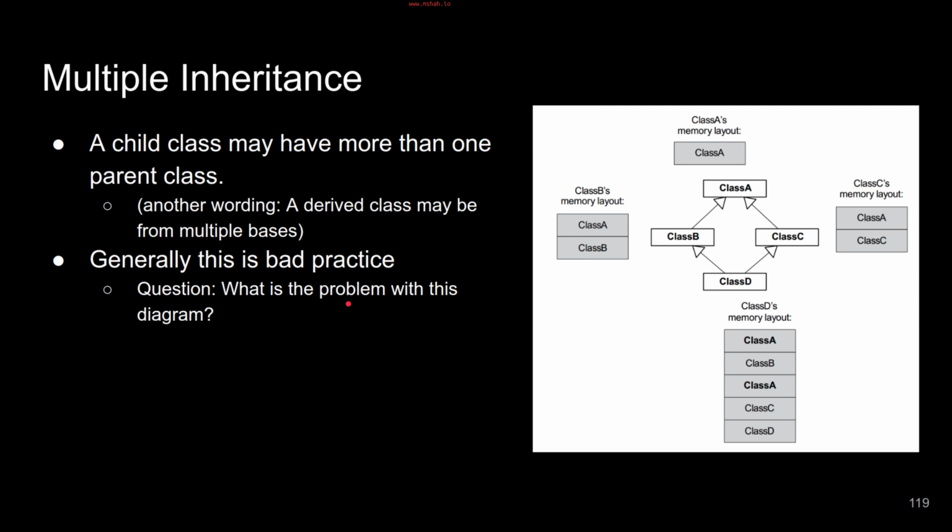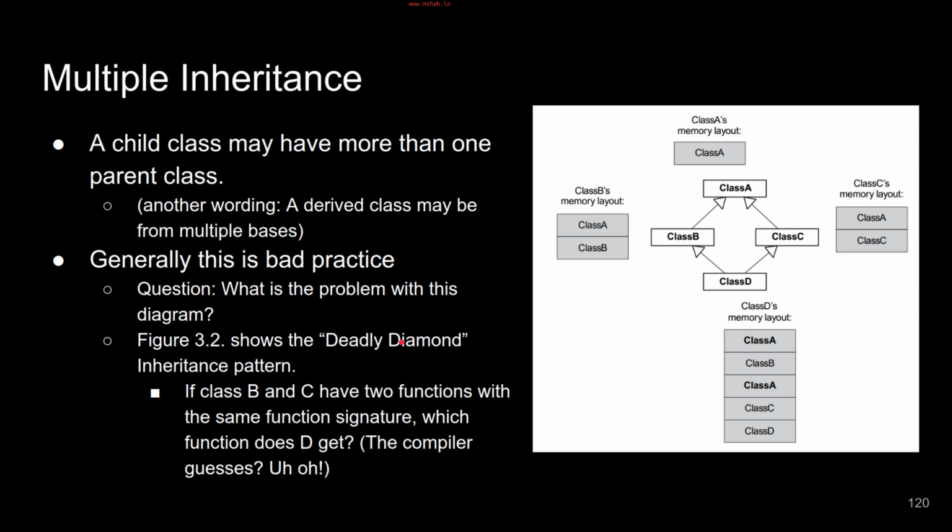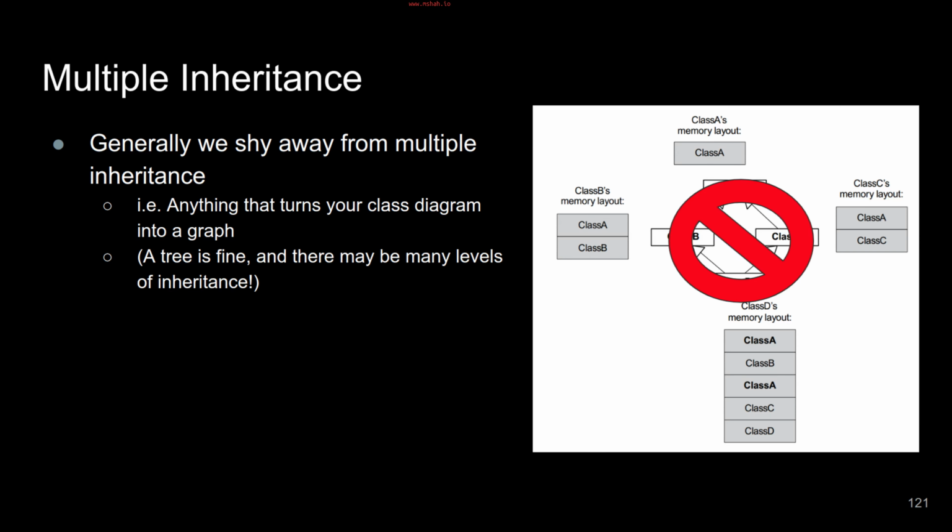And if you've paused and thought about it a little bit, it's because B and C have member functions, also known as methods in Java, that are the same name. The compiler doesn't know which one to inherit from, B or C, if they're named the same. So it just picks for you, which is kind of a problem. You don't want your compiler picking for you when you're a programmer. Okay, so we try to not use some of these things in C++.